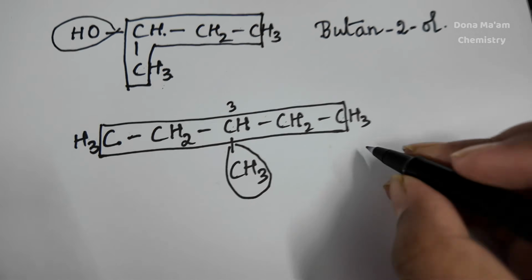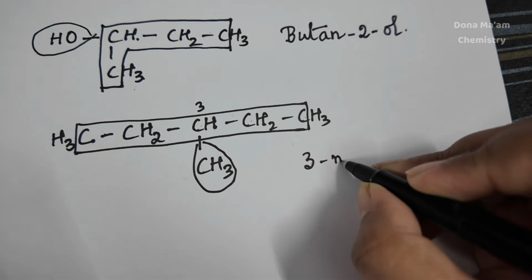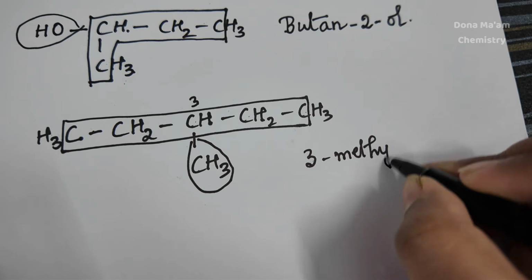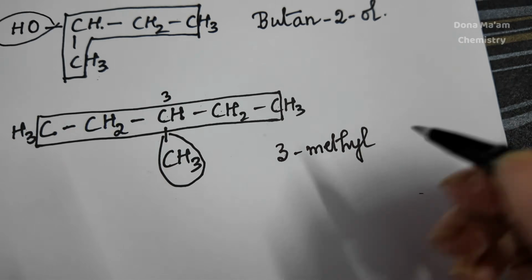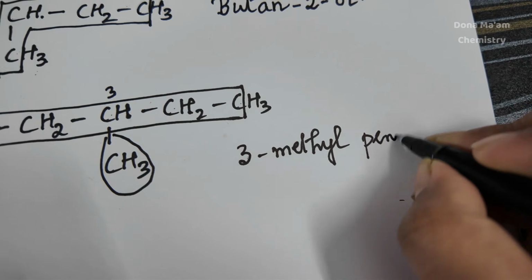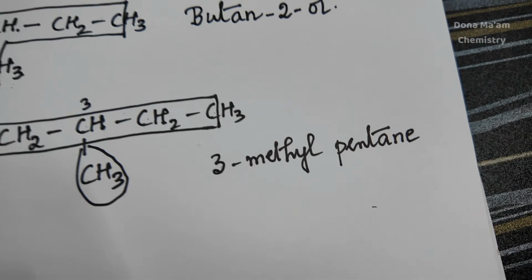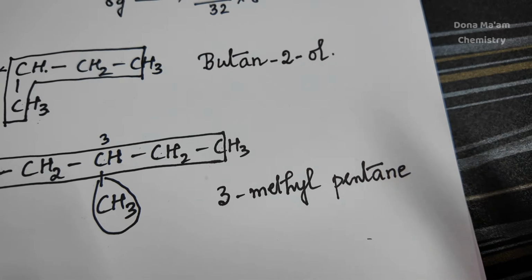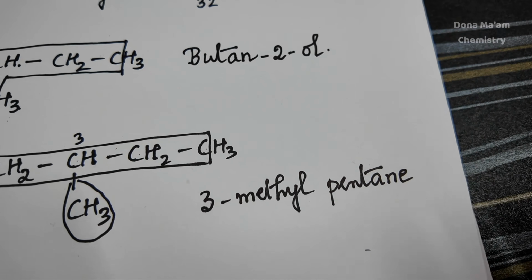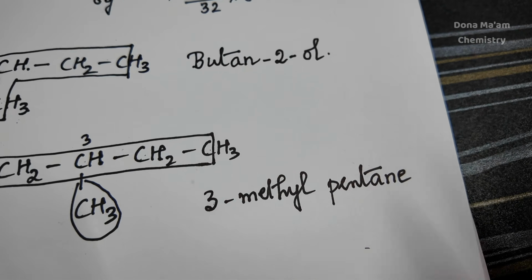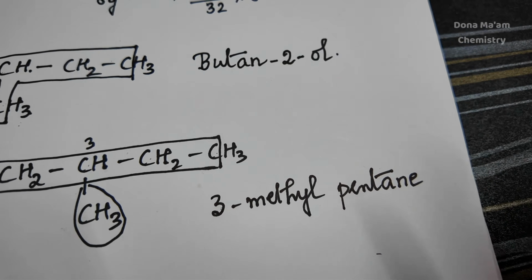So 3-methyl. Long chain, 5 carbon, so pent, carbon-carbon single bonds, pentane. This way you have to write clearly with proper hyphens, proper spelling and everything for the IUPAC namings.